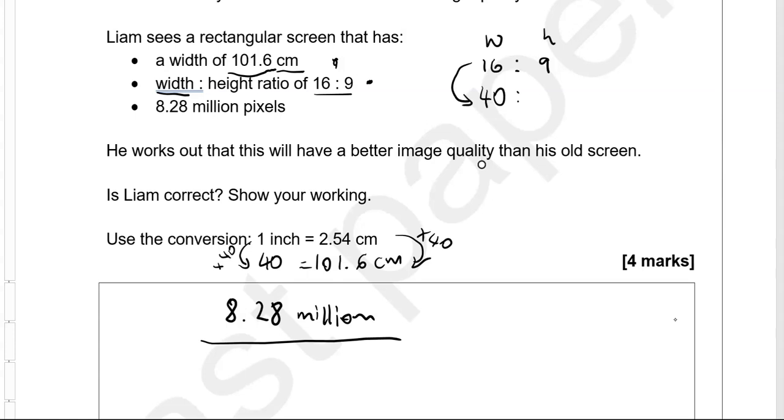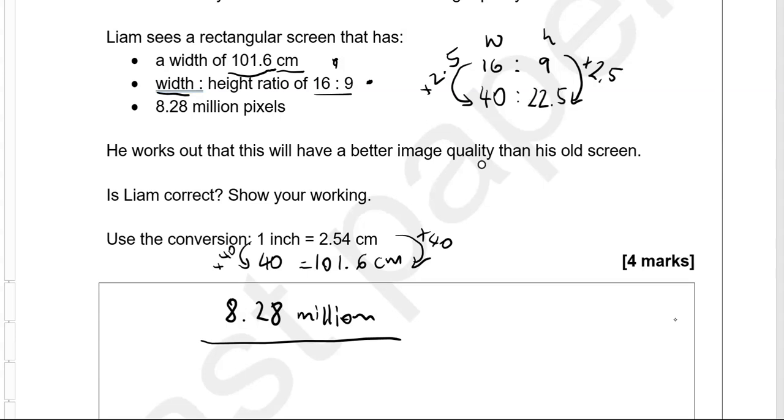And now we can work out the height. So if we do 40 divided by 16, it gives us 2.5. So 16 times 2.5 gives us 40. We'll do the same on the other side. So 9 times 2.5, and that gives us 22.5.